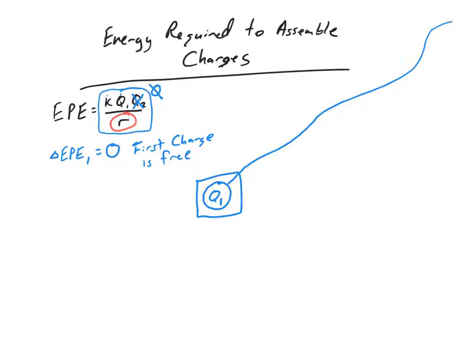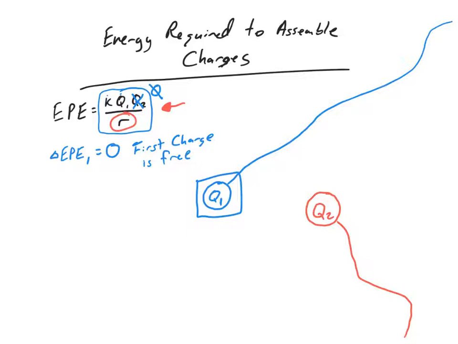Q2, I'm going to have it come in from this way, and put it right there. Note that I'm just doing point charges and spheres, so I can use this version of the energy stored electrically.